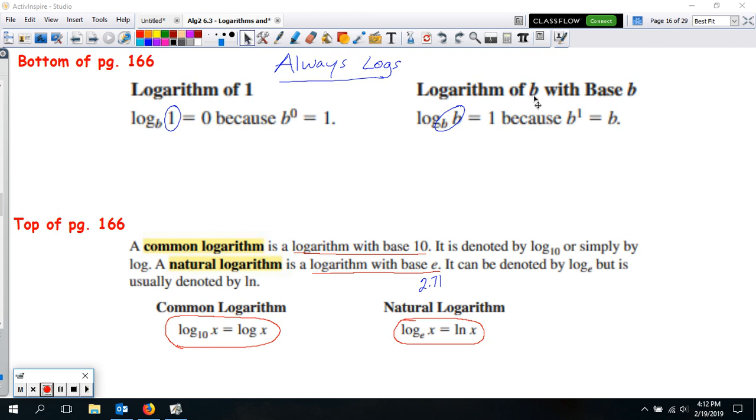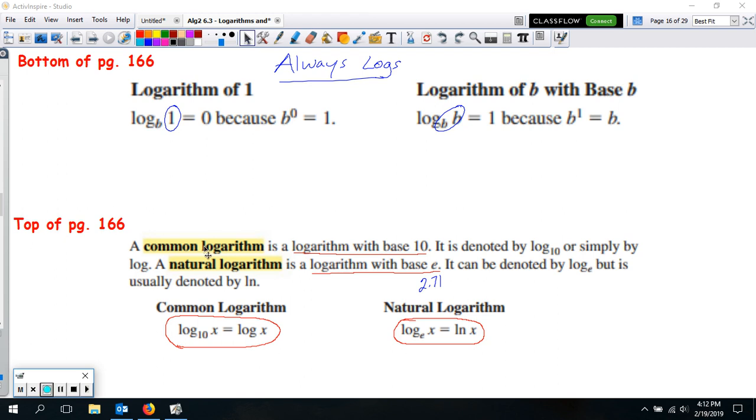Here's another one, logarithm of b with base b. If your base and your number part are the exact same thing, it will always equal 1, because b to the first power is b. If you raise anything to the first power, it just gives you what you have already. So those should be on the bottom, below your core concept on 166.